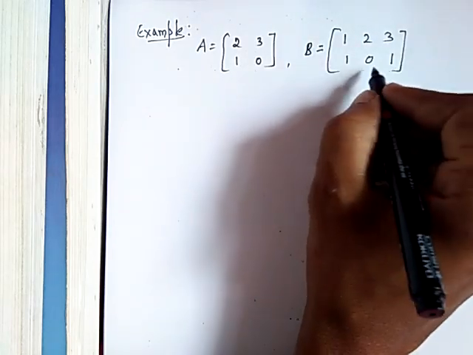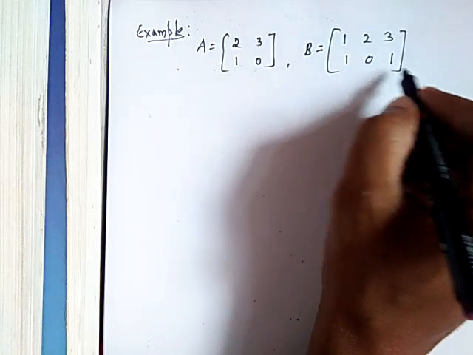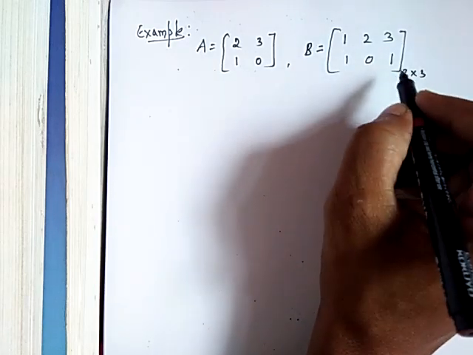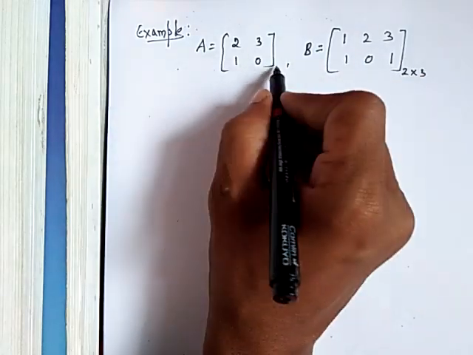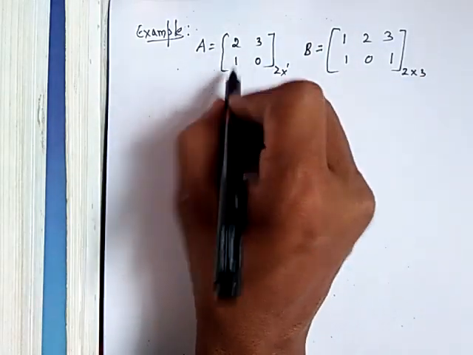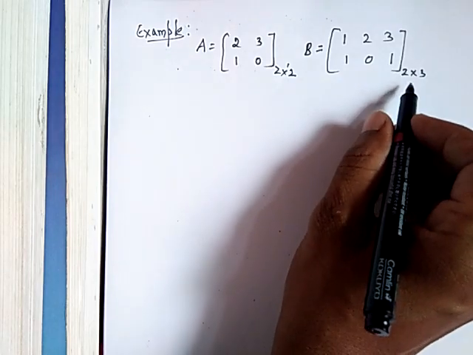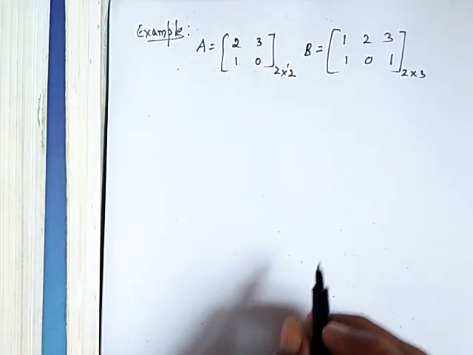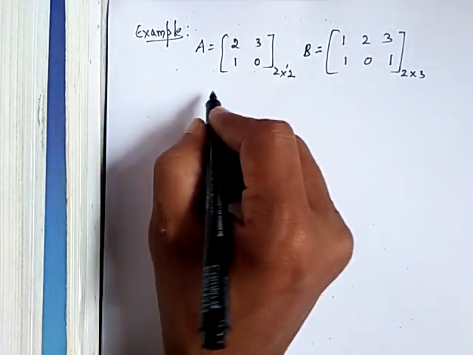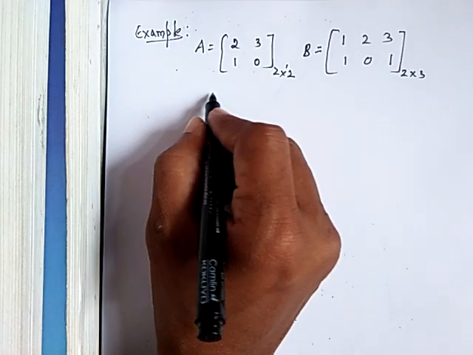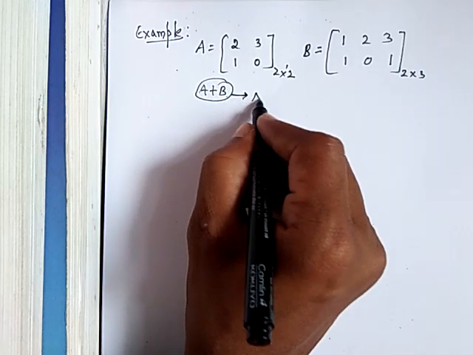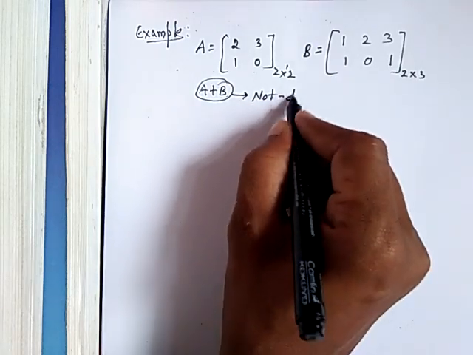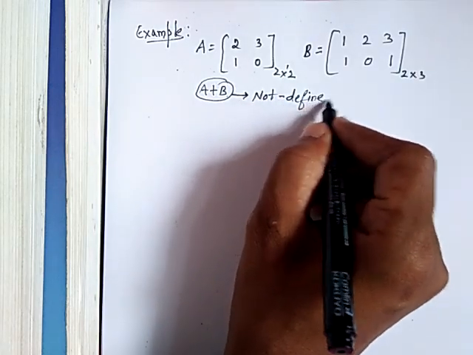So A has 2 rows and 2 columns, it is a 2 by 2 matrix, and B has 2 rows and 3 columns, it is a 2 by 3 matrix. So here you can't find A plus B. It is not defined here because the order is different.